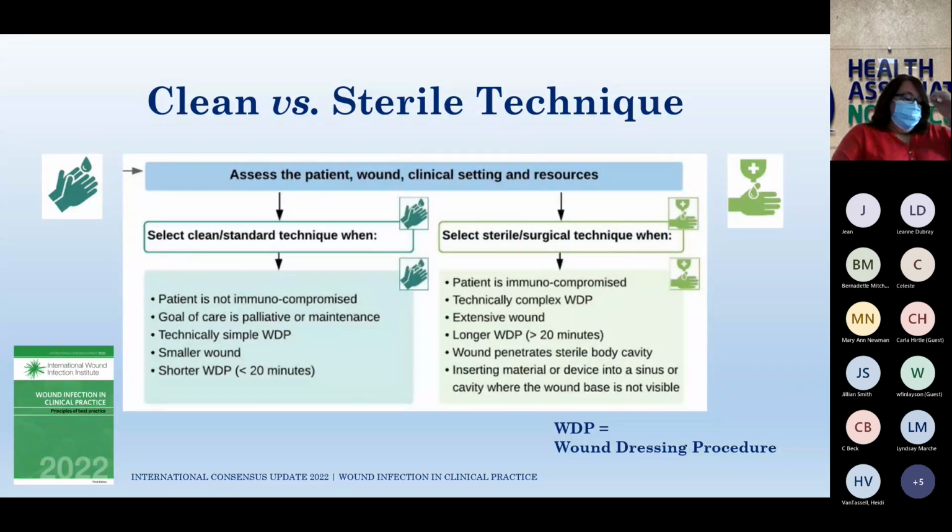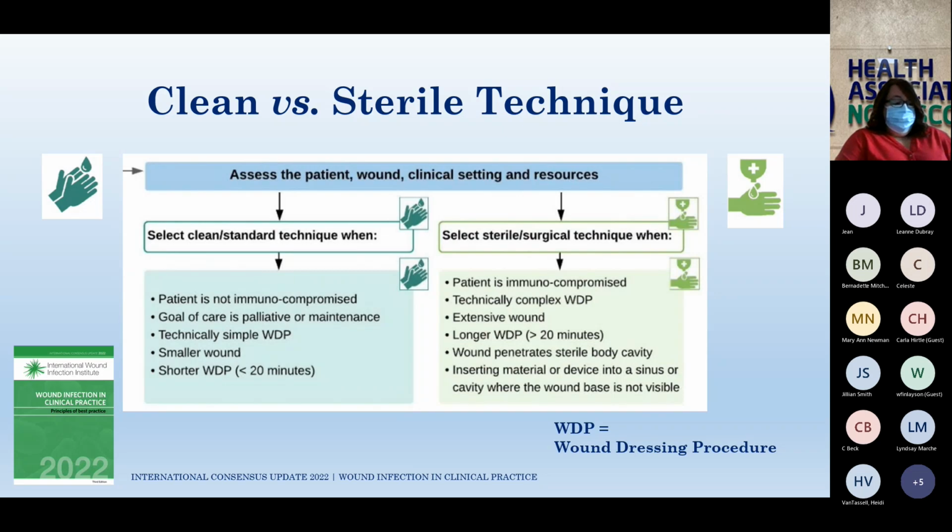Just so we're on the same page, sterile technique is the use of sterile gloves, sterile field, tray, instruments, sterile solution, and sterile dressings. Only sterile gloved hands or instruments are used for direct contact with the wound. Then there's a variation in the middle referred to as no-touch technique. This is the use of clean gloves, a sterile field, a sterile dressing tray, sterile instruments, solution and dressings.